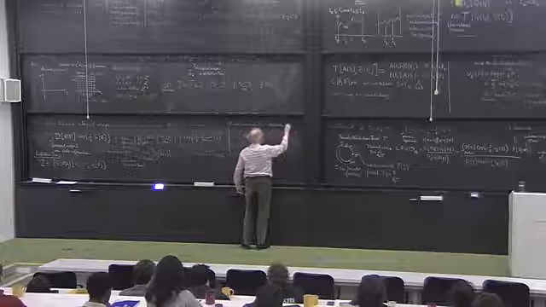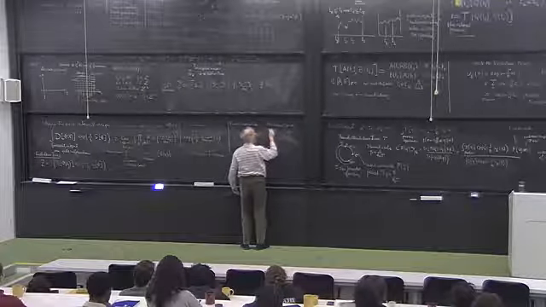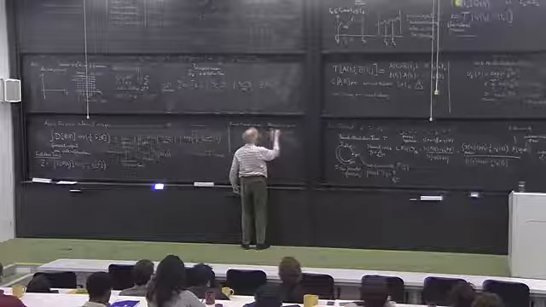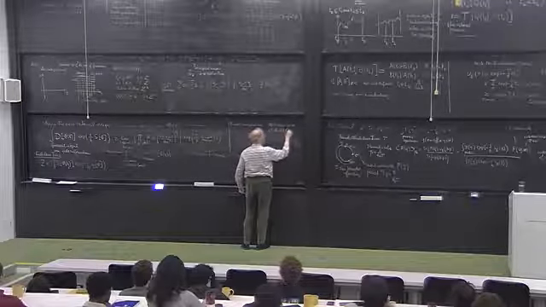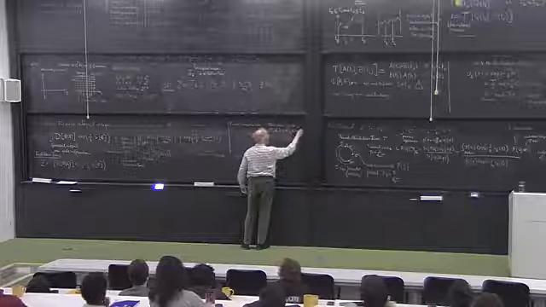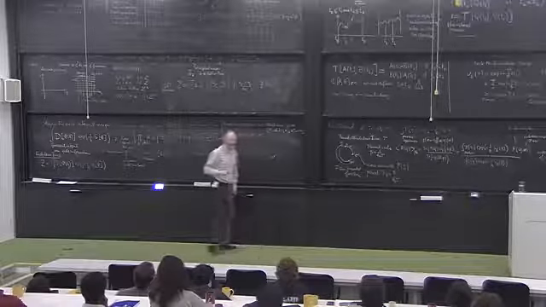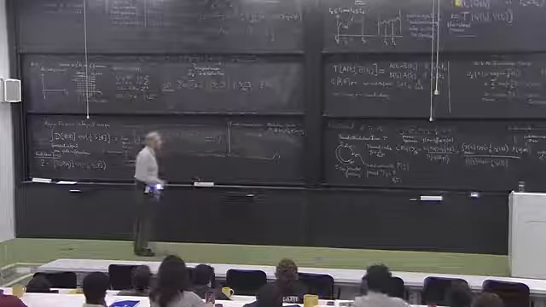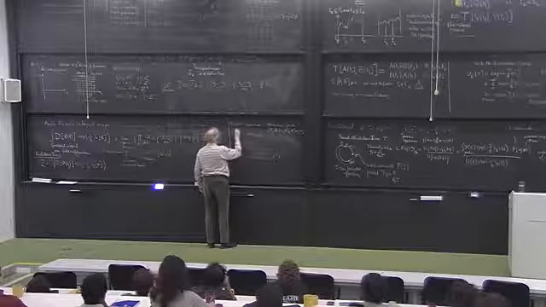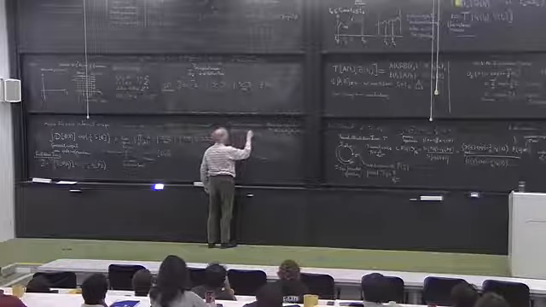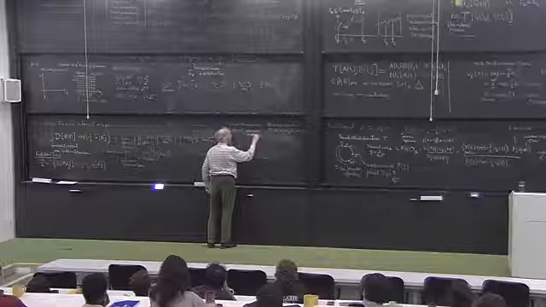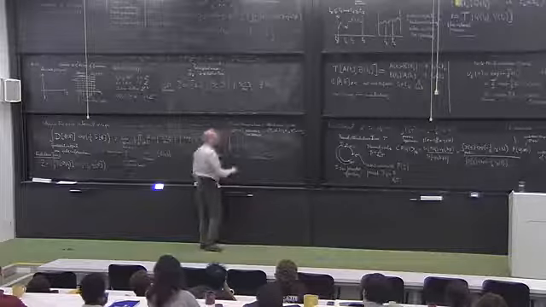Euclidean spacetime depends on tau and x, or if you prefer, x naught and x mu, mu equal 1 to d minus 1. Okay, so finite temperature means that phi of tau and x has to be periodic in time, but not in space.